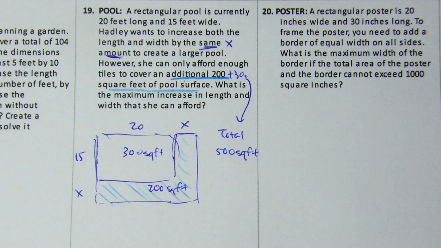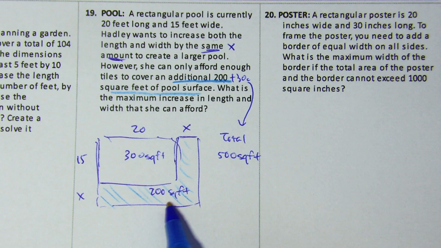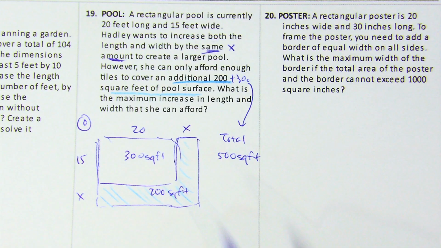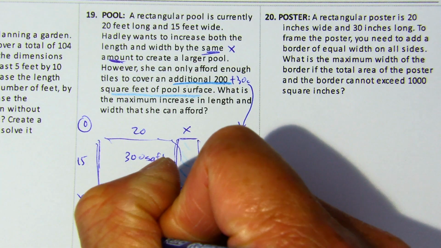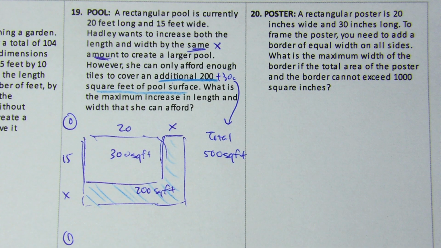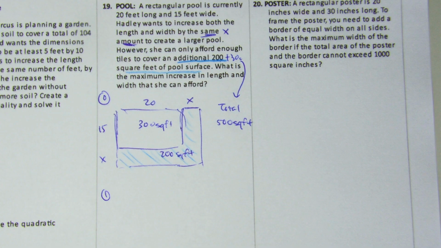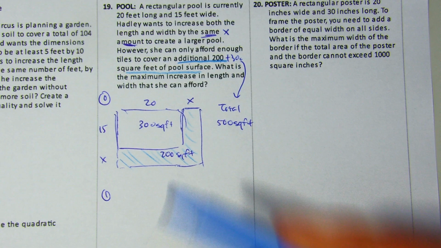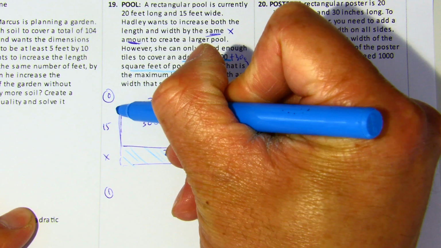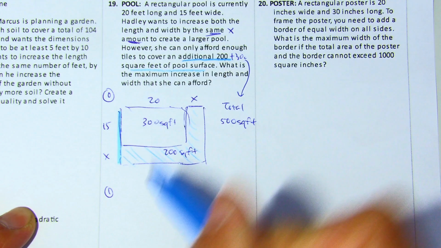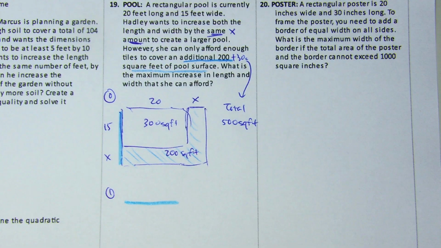Okay, so the first thing I'm going to do is we drew a picture. Let's call that step 0. And then step number 1, we need to create a quadratic inequality. So my quadratic inequality, my first one, is going to be, the length and the width actually don't matter which one you pick, x plus 15.